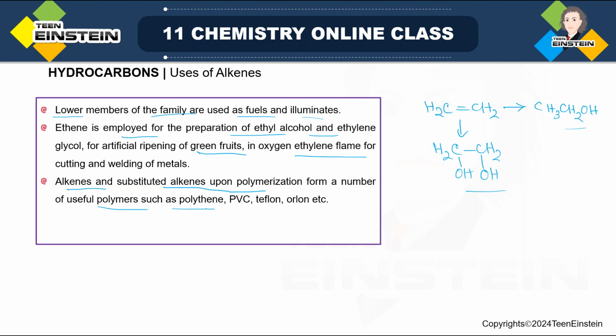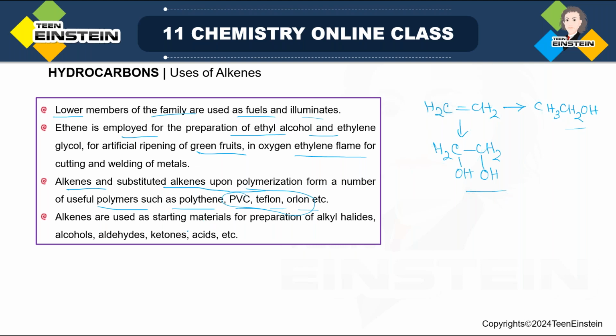Then starting from propene, polypropene can be produced. These two applications we have already seen in the chemical properties section of alkenes, but there are some other polymers whose formation is also possible: PVC, Teflon, Orlon. The details of this are basically under the chapter of polymerization, but this is an important application of alkenes.